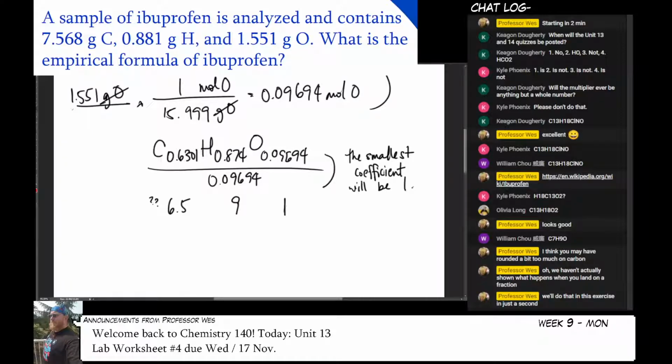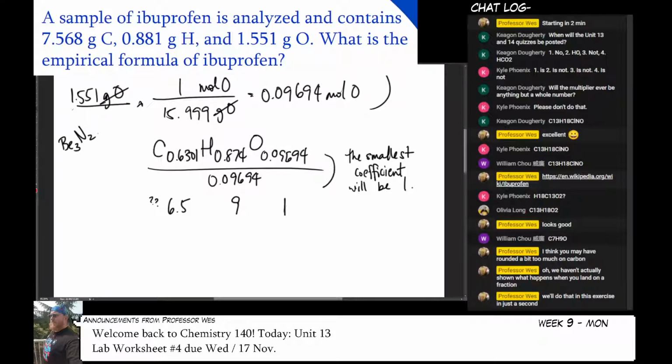So it has to be 1. But not all empirical formulas have a 1 in them. Remember that this was an empirical formula, and there aren't any 1s in it. So what we have stumbled upon is a formula that doesn't have a 1 in it.